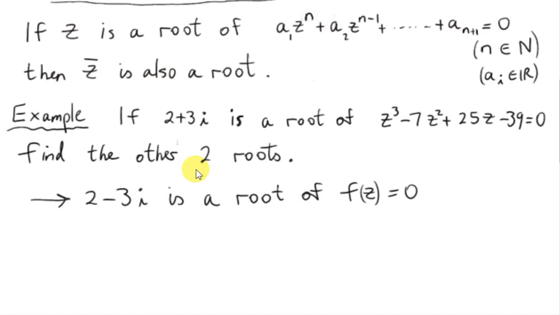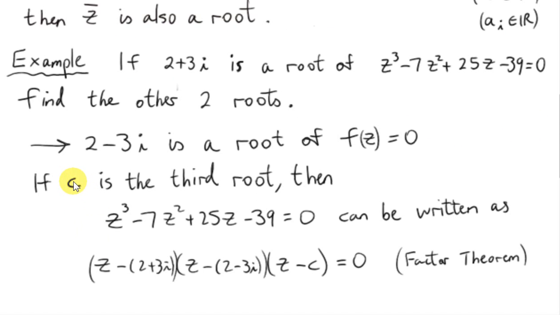Now, to find the third root, we have to use our knowledge of cubic equations, finding the roots of cubic equations. So let's call c the third root. We can apply the factor theorem to rewrite this cubic equation as a product of 3 factors.